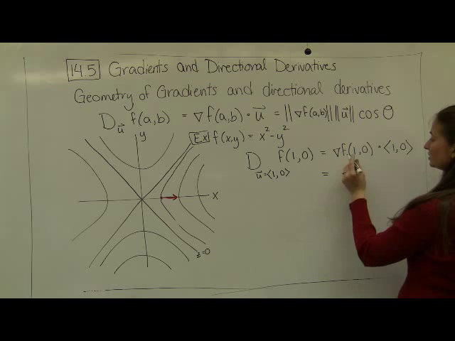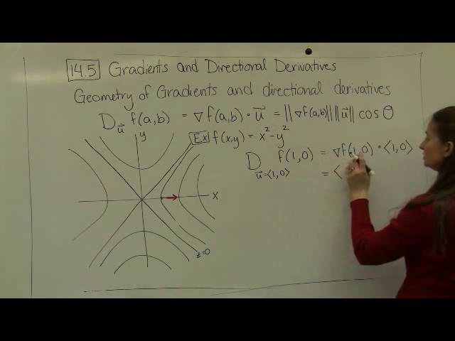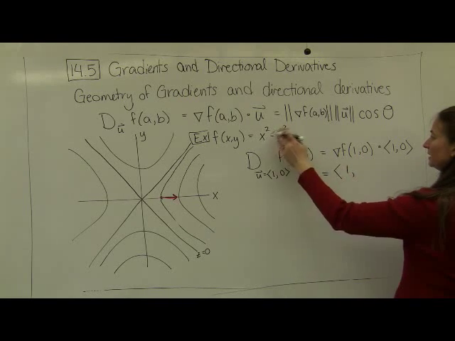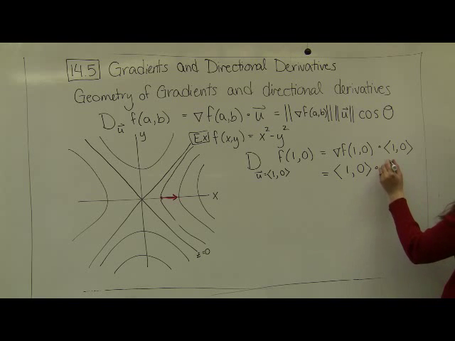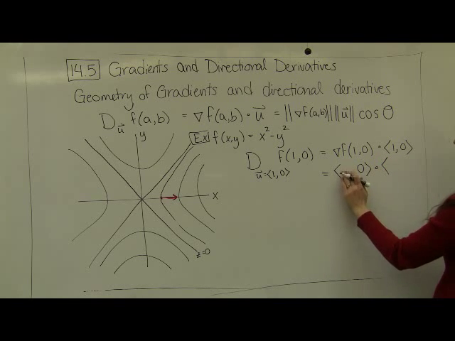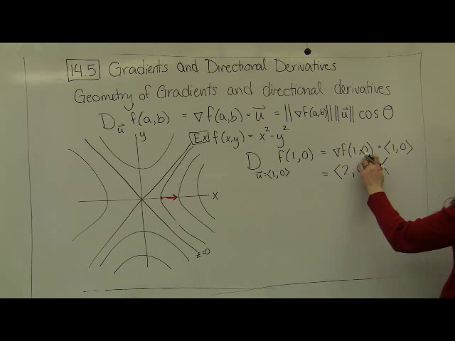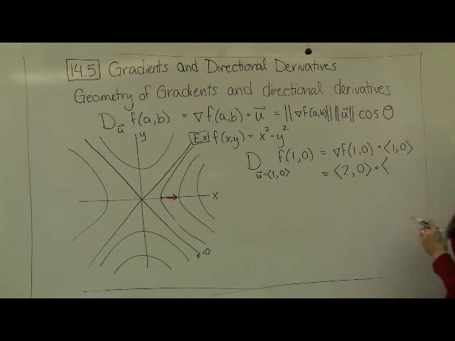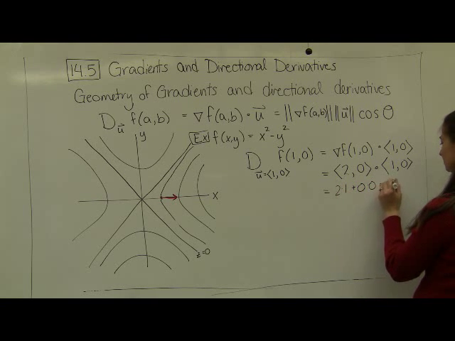The gradient of this function, as we said before, is just the vector (2x, minus 2y), which is 2 times x, which is 1, and minus 2 times y, which is 0. 2 times x is 2, and 0 plugged in for y gives me 0, dotted with my vector (1, 0), and it gives me some output. In this case, 2 times 1 plus 0 times 0 gives me an output of 2.